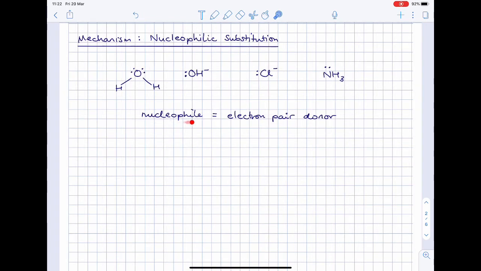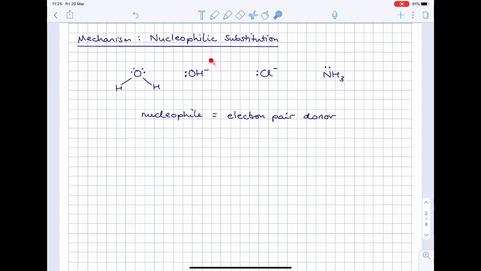So a nucleophile is defined as an electron pair donor. Remember, electrophiles were electron pair acceptors, nucleophiles are electron pair donors. Here are some examples of nucleophiles. Water is a nucleophile because it can donate its lone pair in a reaction.